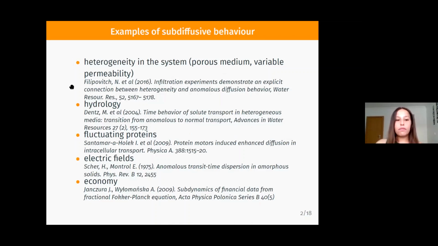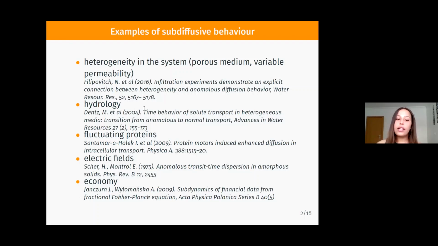These are some examples of phenomena that present subdiffusive behavior. And these are some articles where they explain this type of behavior and model these phenomena. So we can have heterogeneous systems with porous medium and variable permeability. In hydrology, we can have the transport of pollutants and contaminants in groundwater.